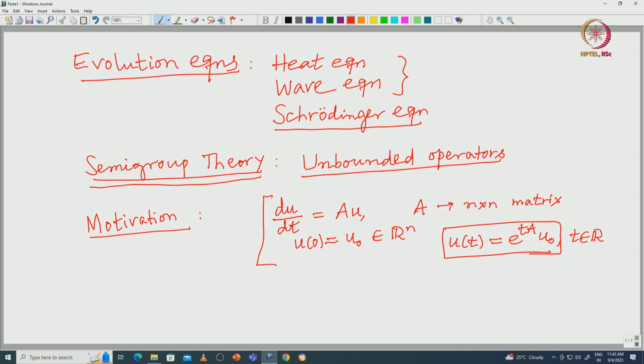In fact, we can consider such an equation in a Banach space.